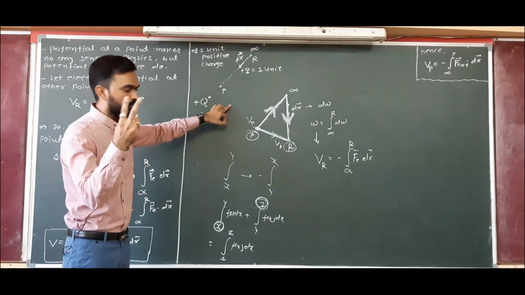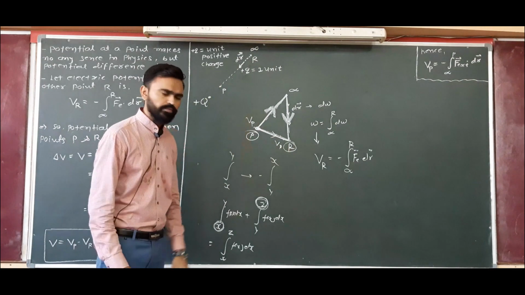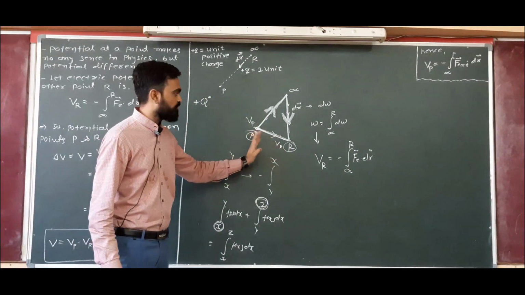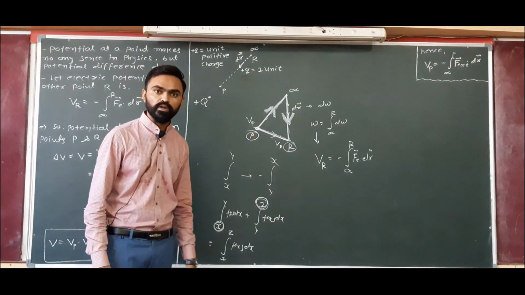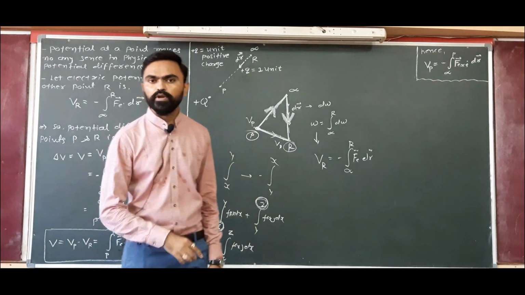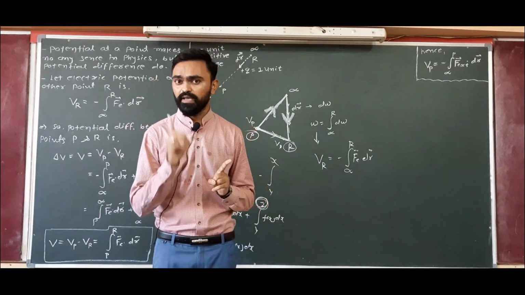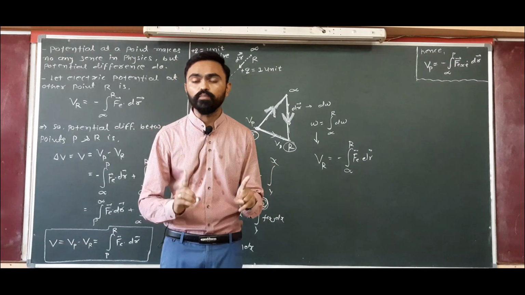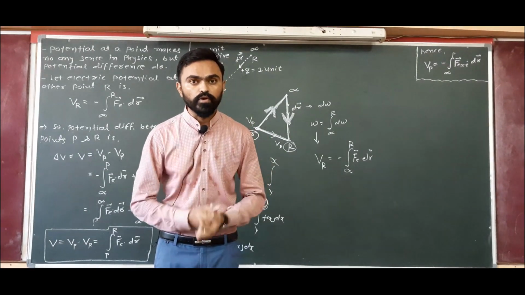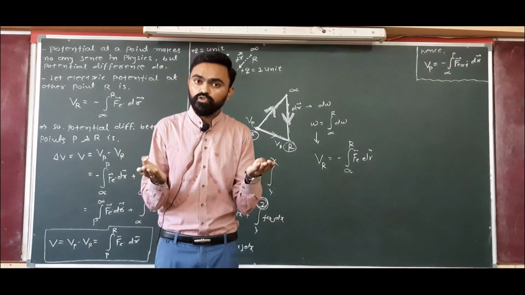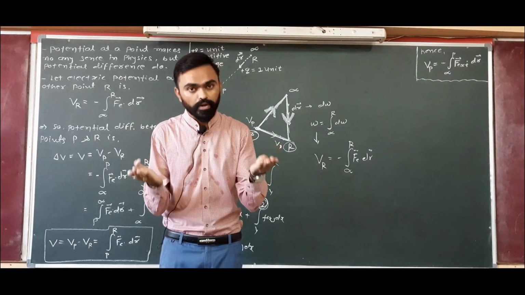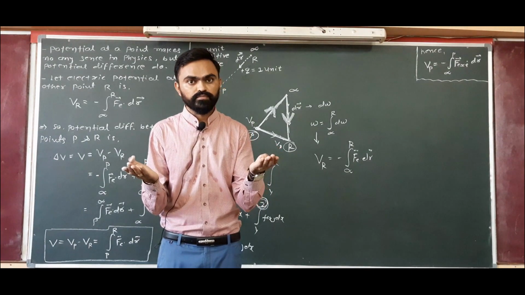But if you take 2 points, arbitrary 2 points, then the potential difference is what is more important. Potential at a single point again makes no sense in physics. Hence, we have to go with the potential difference between 2 points. We have to compare the potential at the two positions. You get my point?